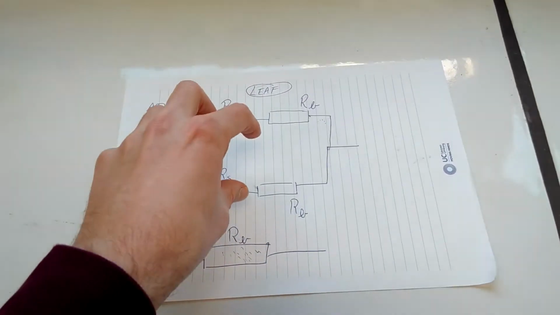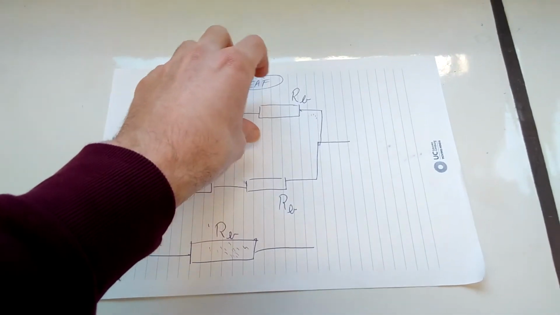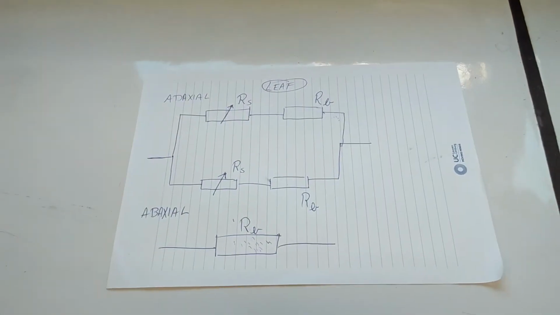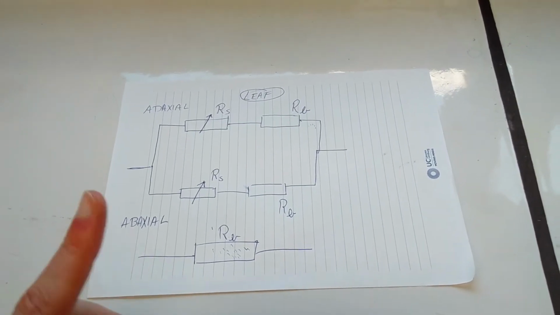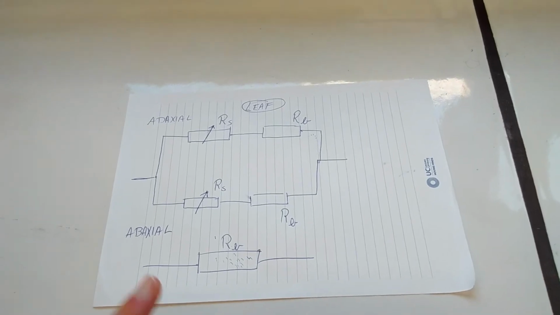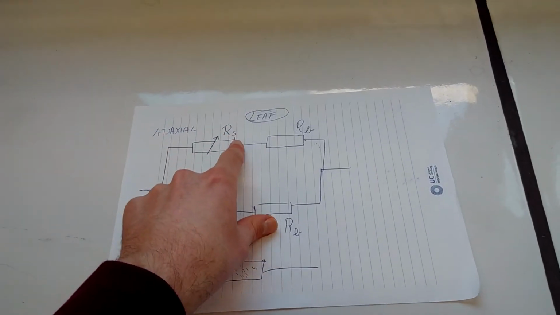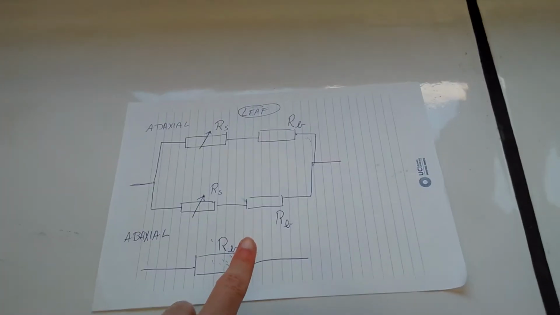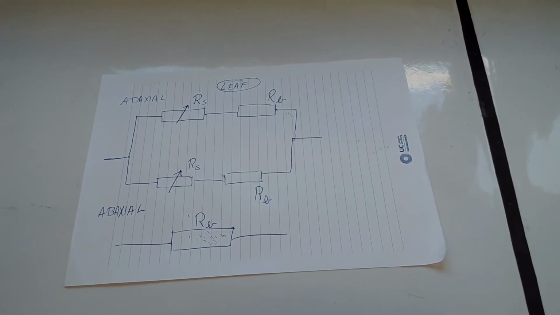And then if we replace this as if it's one resistance and this one as if it's one, then the total resistance here, well, there's a formula for that: 1 divided by the total resistance is equal to 1 divided by this total resistance plus 1 divided by this total resistance. That's how to do it.